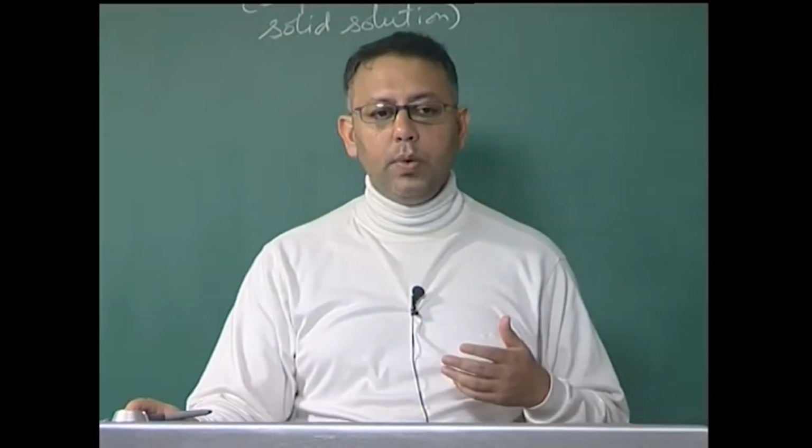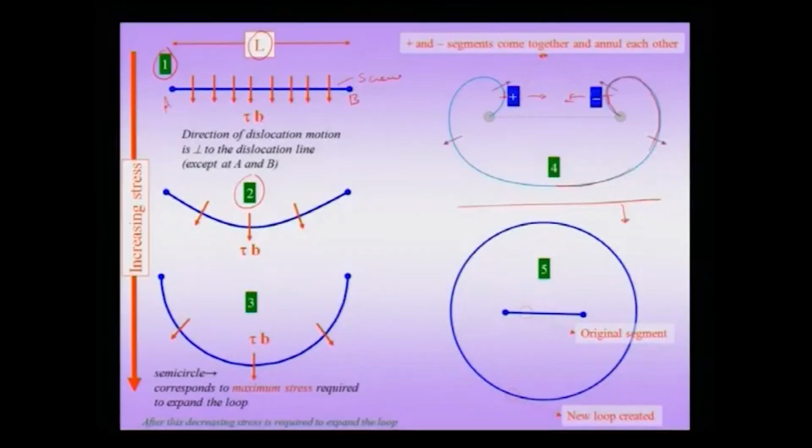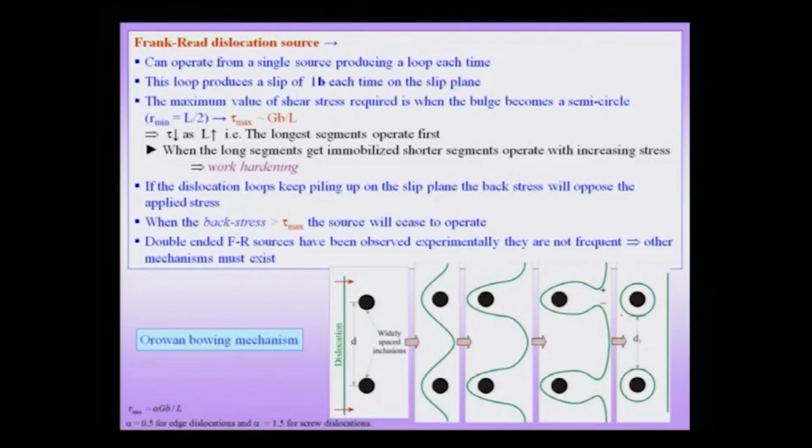Therefore, this will automatically lead to a strengthening effect, and since I have done work on the system to produce this extra dislocation length, the system is going to harden as I do the deformation. So, let us summarize the Frank-Read mechanism.